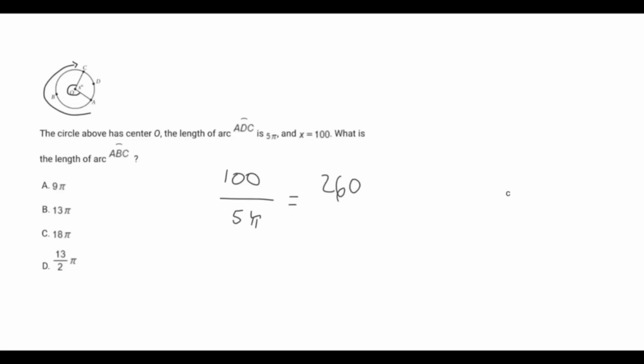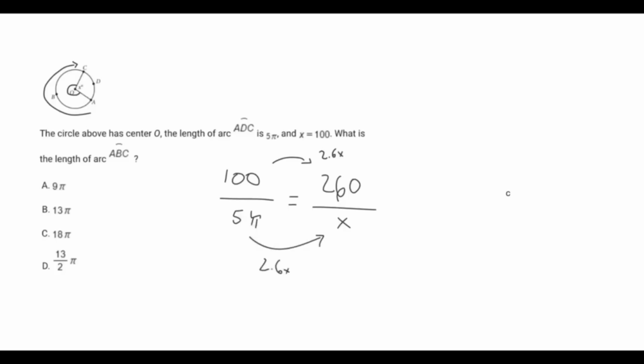And so now we can pretty easily figure out what our length of arc ABC is by just finding this corresponding value, right? To do this, we have to do some simplification, or we can just find the scale factor. From 100 to 260, that is a scale factor of 2.6 times. And so to keep this ratio constant, we also have to multiply the other side by 2.6.